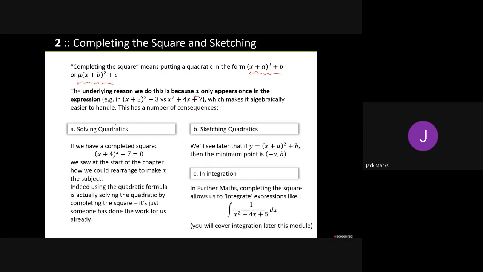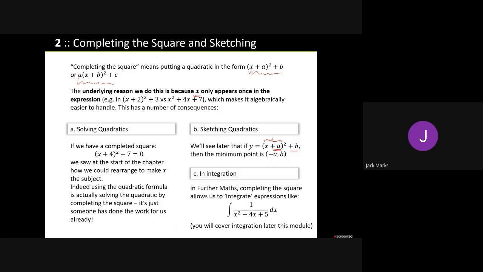So we could use it for solving if we're in this sort of situation here, perhaps because it's written this way already, or we know that a quadratic won't factorize. Completing the square can be a good option. For sketching it, remember from GCSE that at minus a, this y will be equal to b, as this bracket will be squared, and this will be 0, 0 squared.